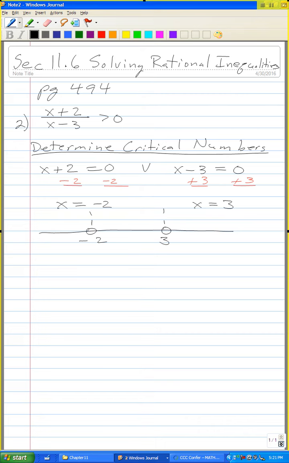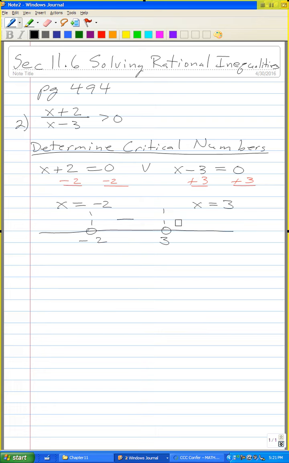Let's take a number between negative 2 and positive 3. 0 is the easiest. The sign of x plus 2 when x is 0 is positive. The sign of x minus 3 is negative at x equals 0. And so positive divided by negative is negative.